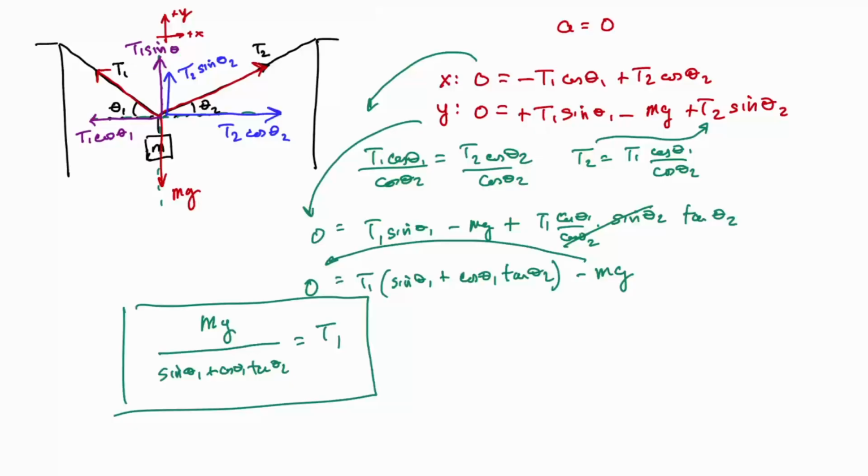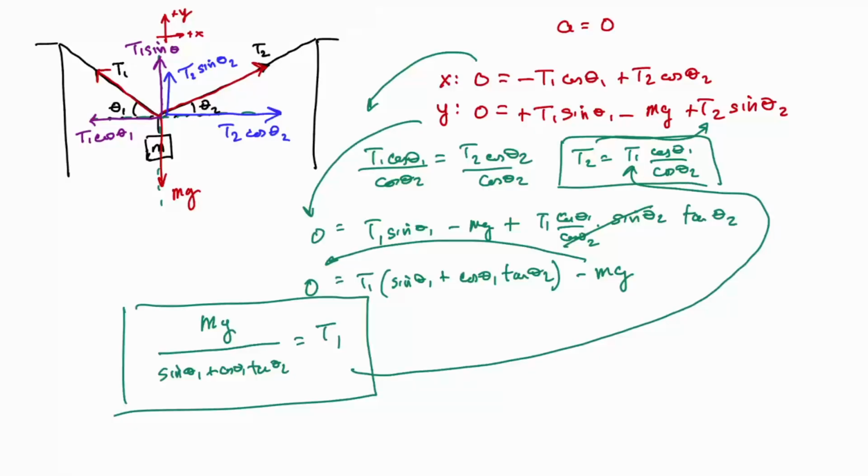So how do I now find the tension in rope number 2? Put that back up in there, because I've already solved for what tension in rope number 2 is. Yep, I'm just checking it.